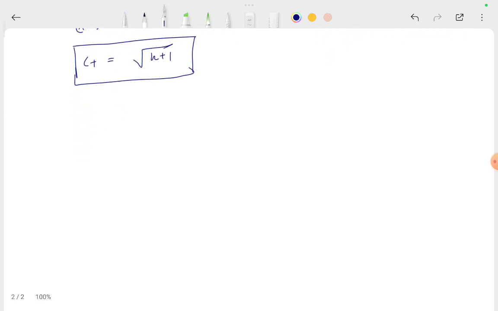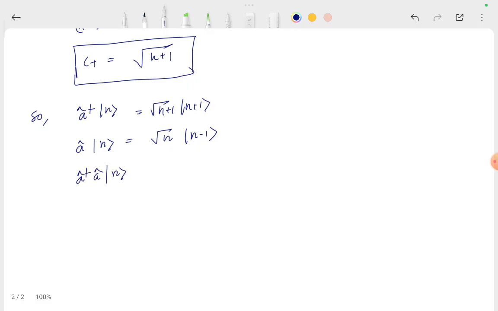So a dagger, when acting on n ket, we get root n plus 1 times (n plus 1) ket, and when the lowering operator a acts on n ket, then we get root n times (n minus 1) ket, and when a dagger a acts on n ket, then we get n times n ket, and a into a dagger acting on n ket, we get (n plus 1) into n ket.